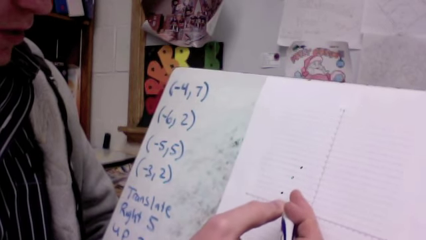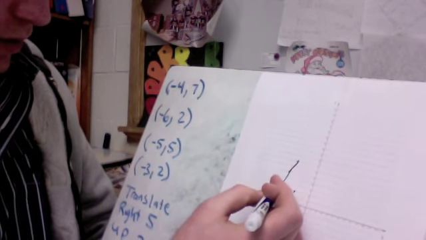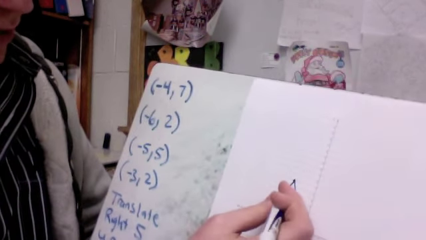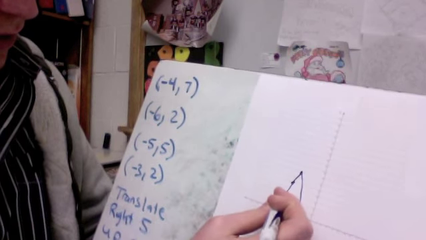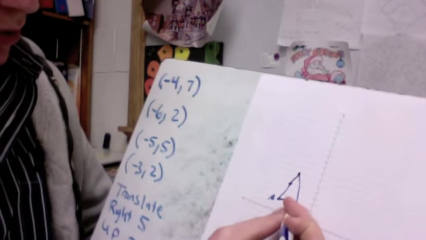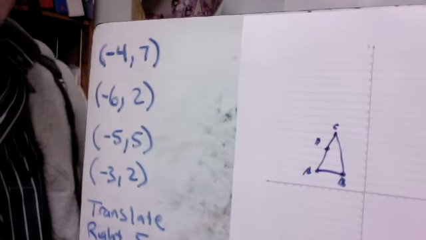Let's see, what do we get here? We basically get like a triangle-like thing. I'll just connect this to this to this to this. So we've got this point, we've got that, and we've got that. I'll go ahead and label them A, B, C, D, just so you can keep track of what we've got going on here.